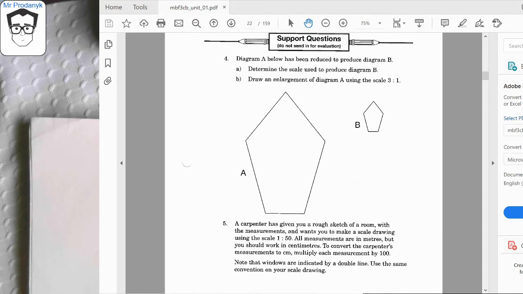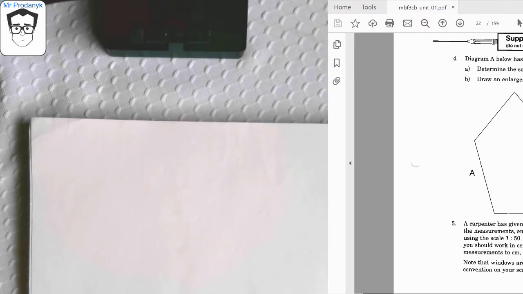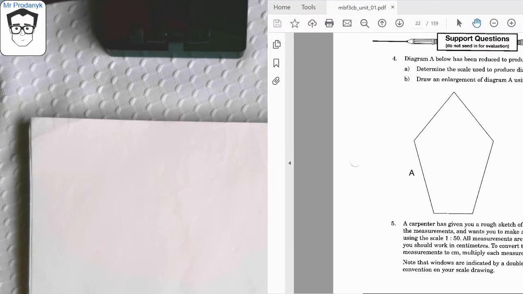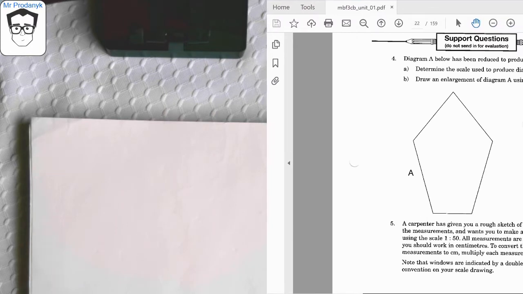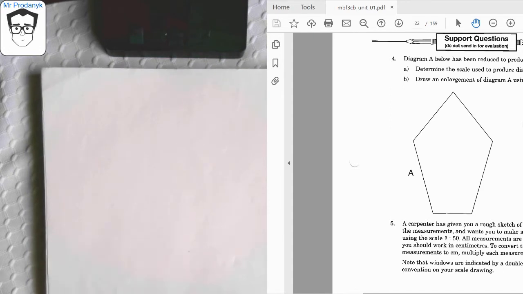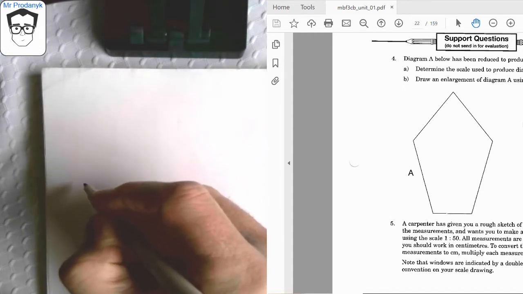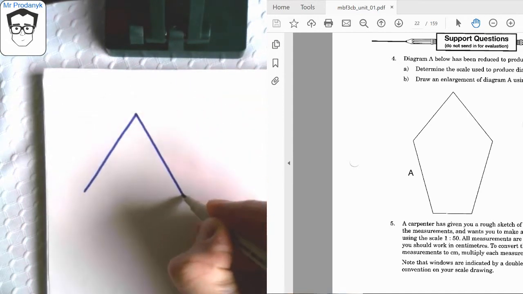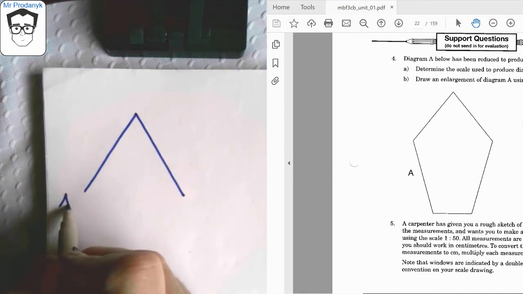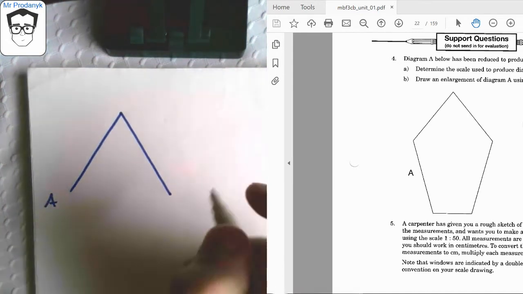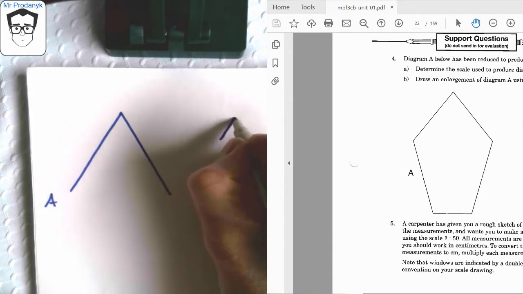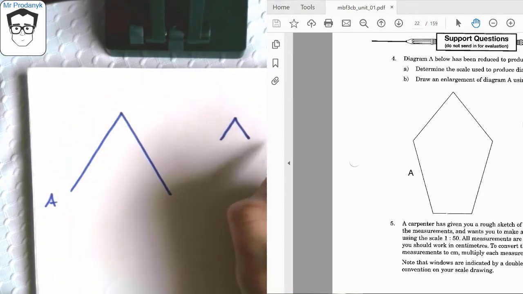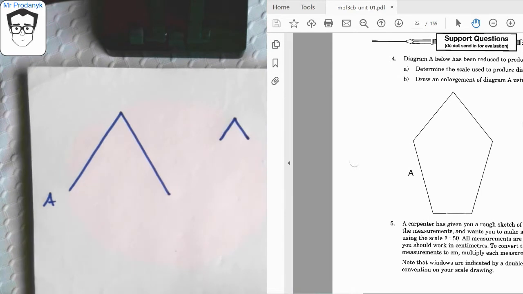So if I just slide this over here, and I just do a quick sketch of diagram A, just the top part of it. Okay, so this will be diagram A, and then we have diagram B beside that, which is a scaled down version like that.